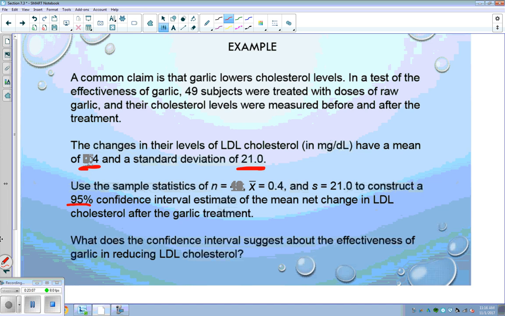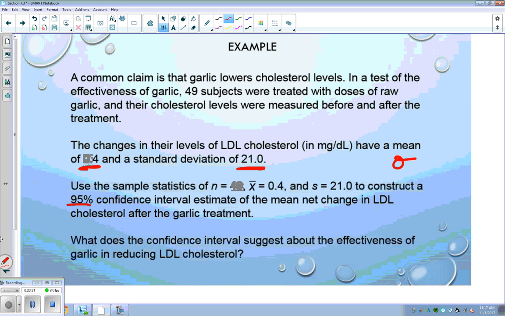So I have to look at, do I have the population standard deviation? No, the population standard deviation is sigma, remember? I'm not given that. I'm given the sample standard deviation. That's what's going to alert you to say, oops, that means I have to use the t.